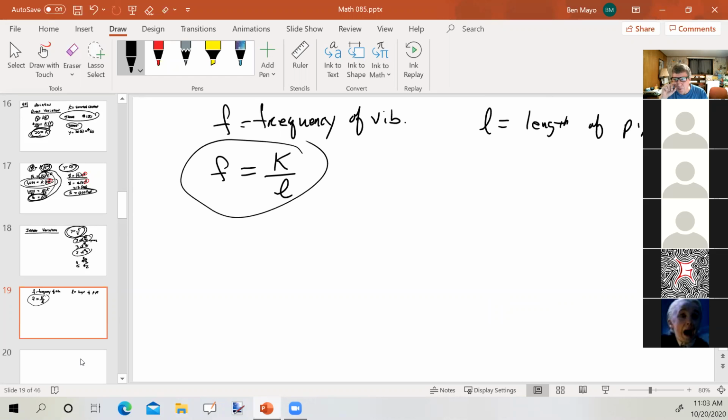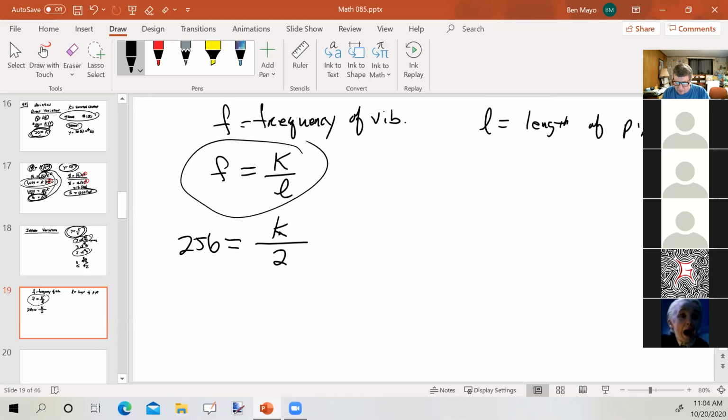So now I'm going to use some additional information to determine K for this problem. It says, if a pipe 2 feet long vibrates 256 times per second, okay? So the length is 2, the frequency is 256. How many times per second will a 6-foot pipe vibrate? We're not ready for that yet.